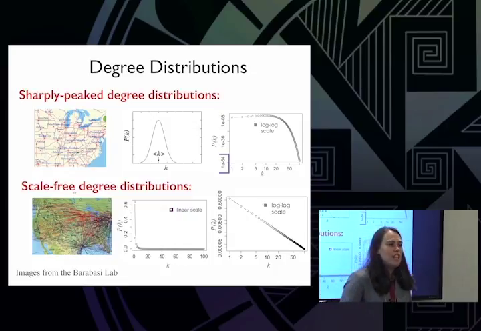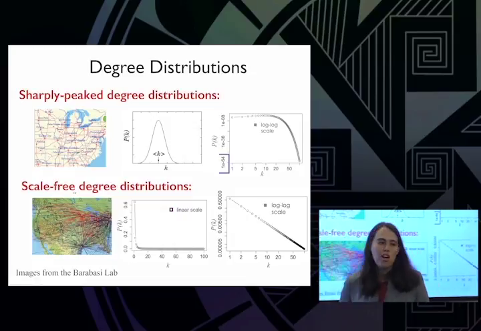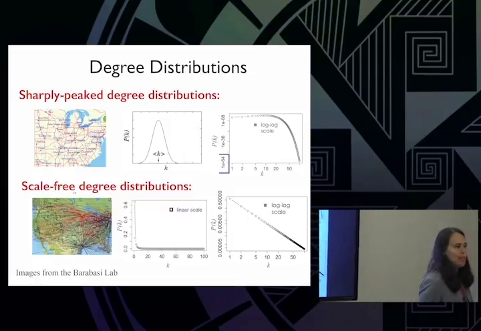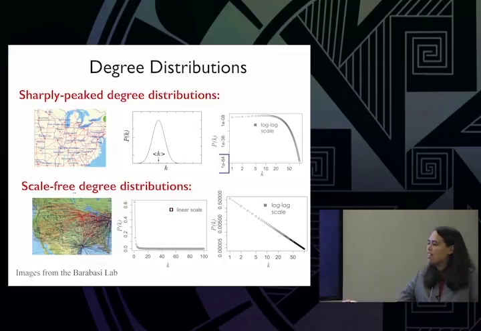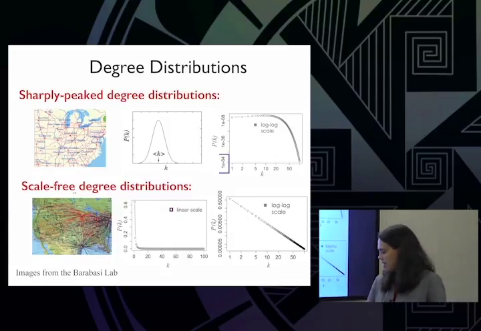So you still have airports with a huge number of connections, whereas on the road network, you never see an intersection that has 100 roads coming into it. This is an important thing to look at in your data that really characterizes it.